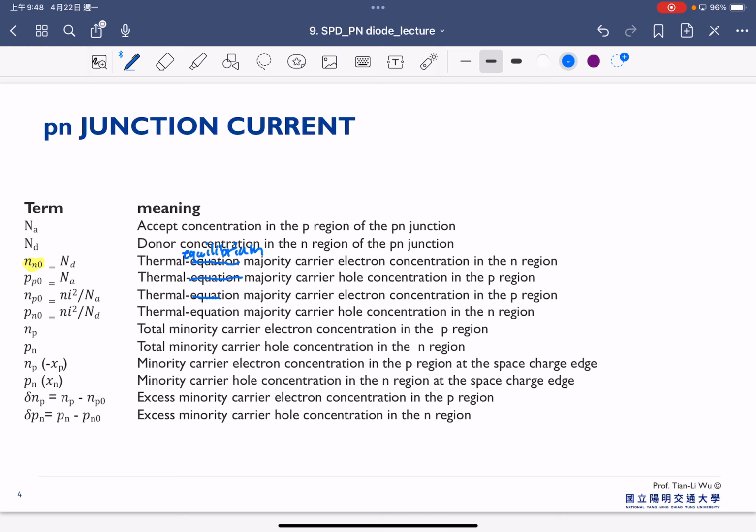This is thermal equilibrium. Majority carrier concentration in the N region.